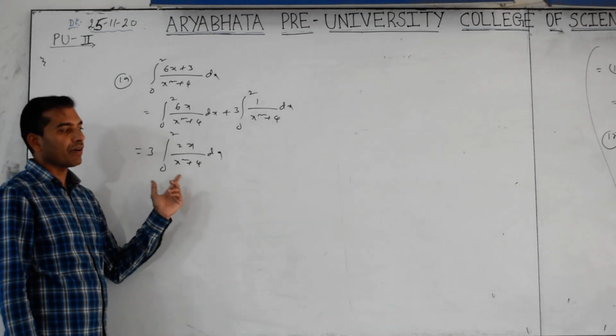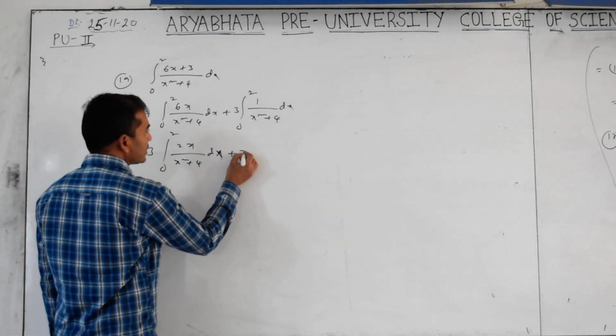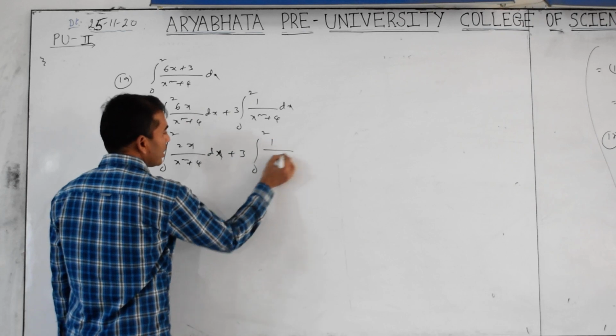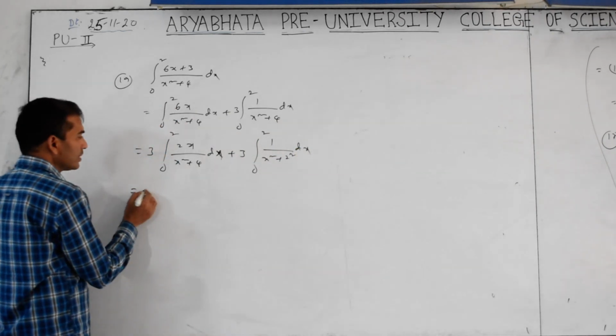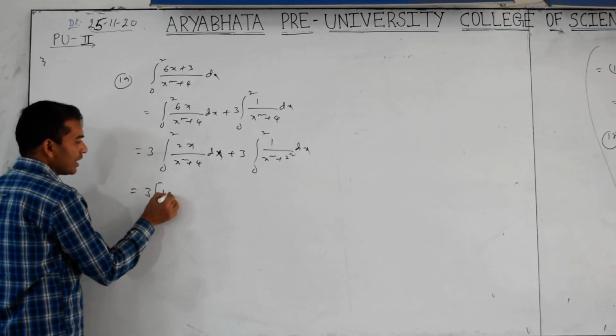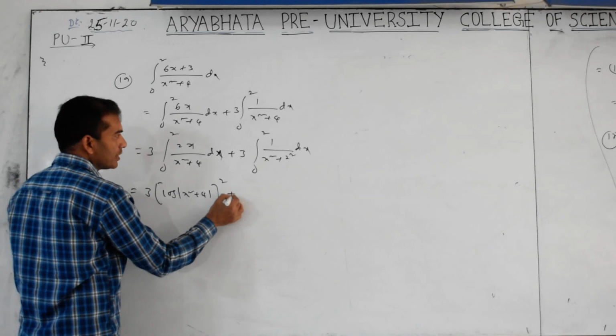F dash x by f of x integration is log of f of x, plus 3 into integration 0 to 2 of 1 by x square plus 2 square dx. Tell me, this integration is log of x square plus 4, limits 0 to 2, plus 3.